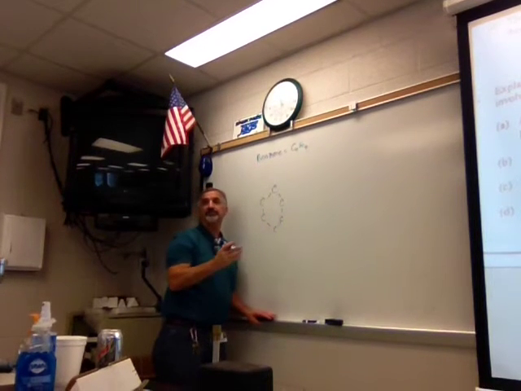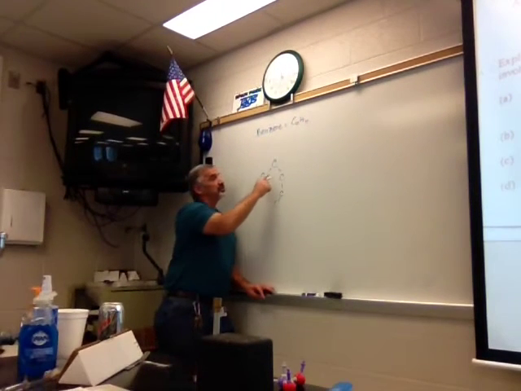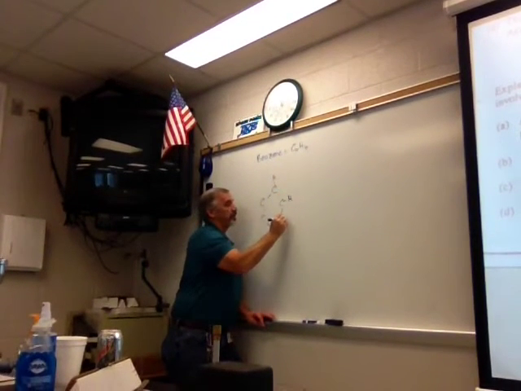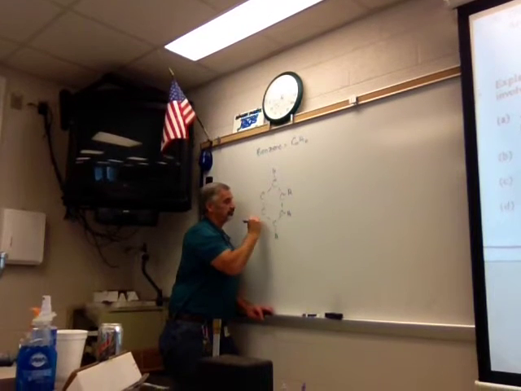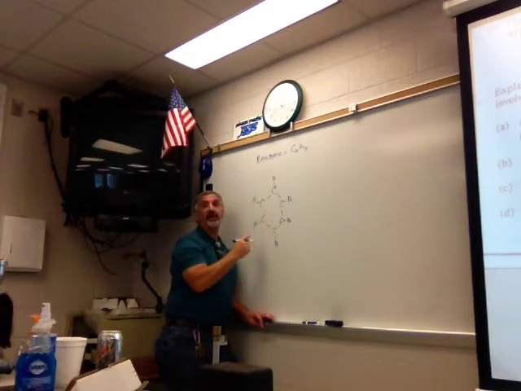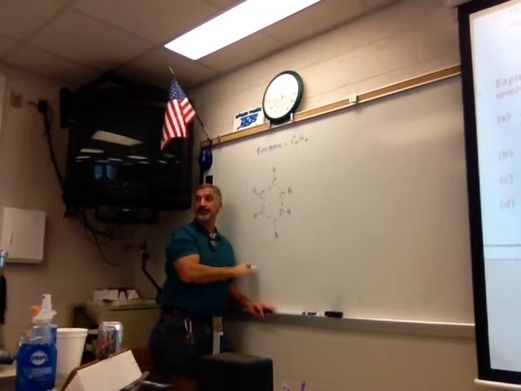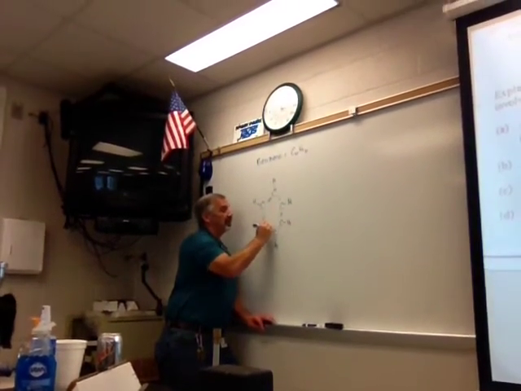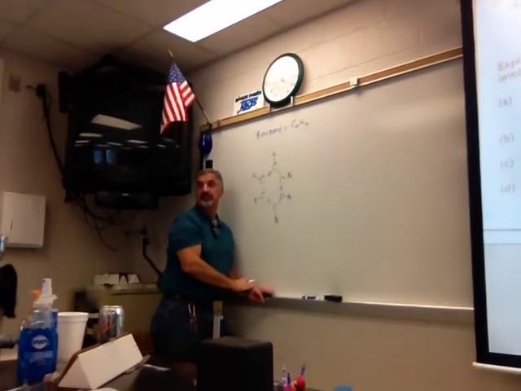So, carbon, and it has a hydrogen onto each one. But each carbon now has 3 bonds. It has 1 bond left over. So when you do this, you end up having alternating double bonds.